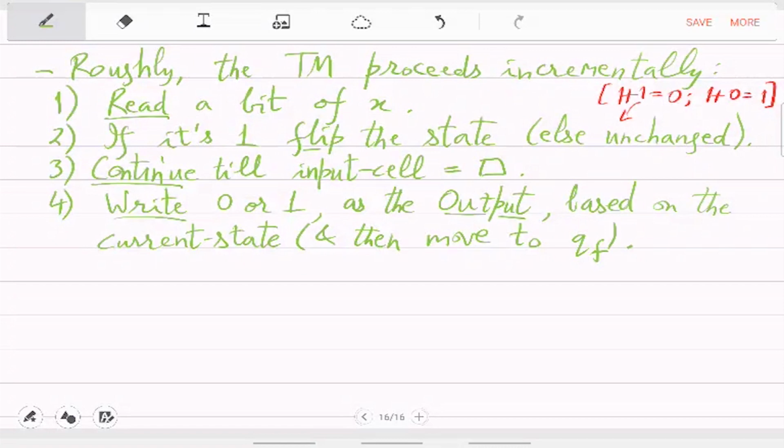And in fact, we can also draw this as a picture. So you have the start state and you have the finish state as 2 vertices, and you have, let's say, the even state and the odd state as vertices.